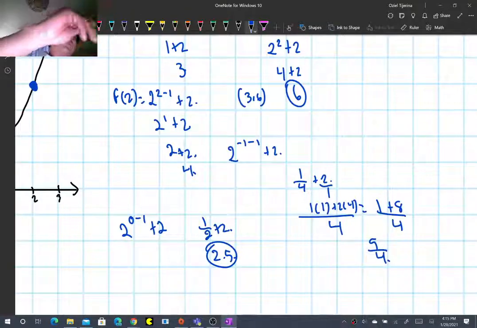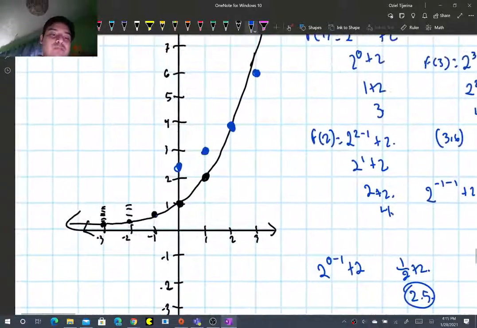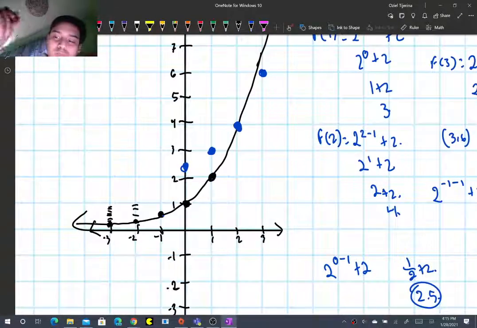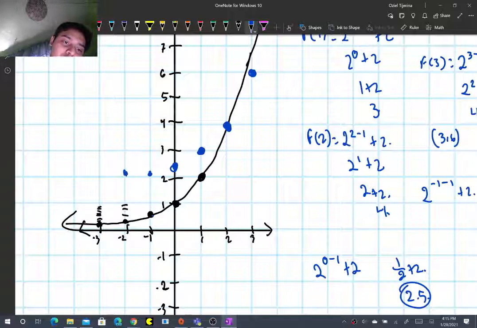You can simplify that as a decimal. 9 over 4 is about 2.25. So it would probably go over here. And then you would just go like this.